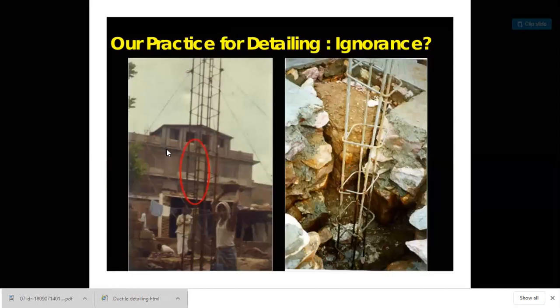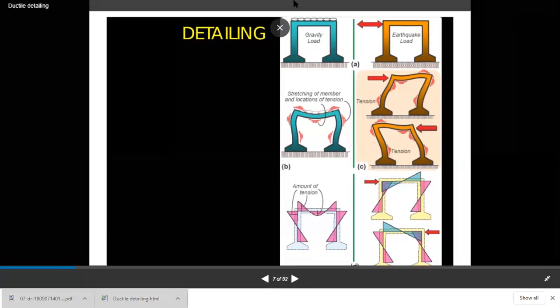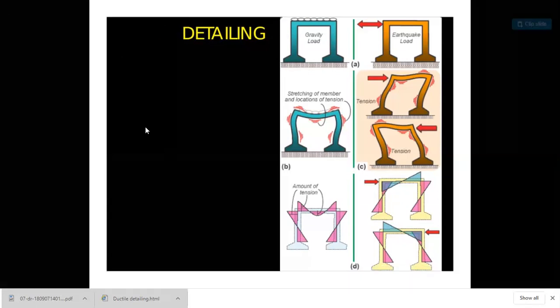So all of you write down these points in your notebook. Draw these diagrams, small diagrams with respect to the tension members. Draw these small diagrams with respect to the sway frame.